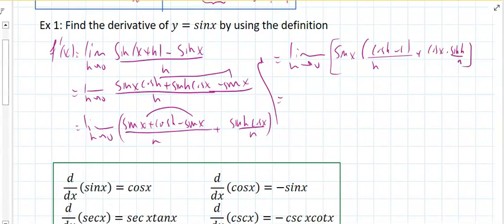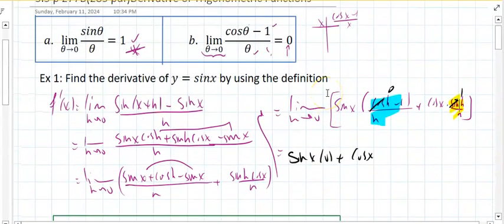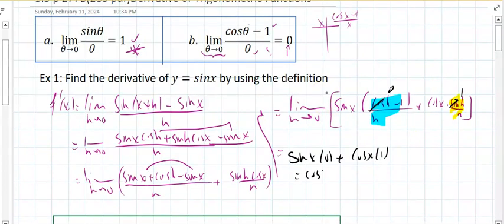Now, I am aware that based on the second piece, that's a 0. And this is simply a 1, and it's right there. And I'm left with the cosine of x.